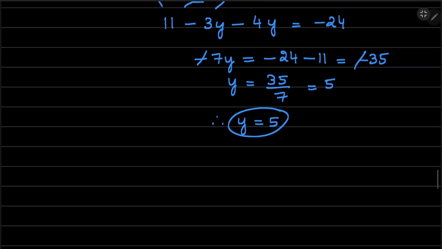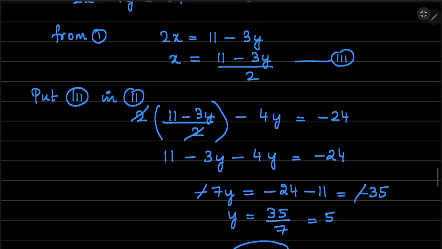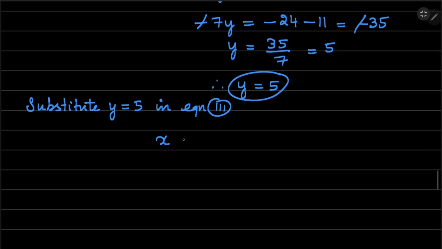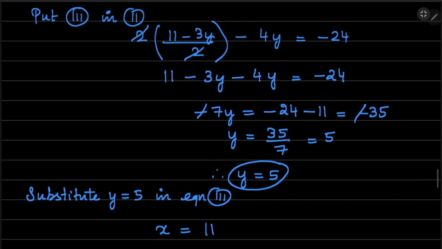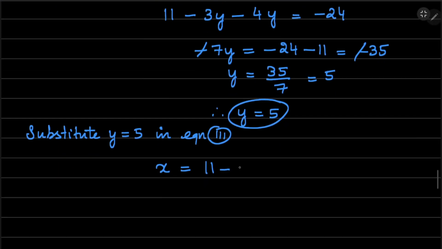Now you have to substitute y equal to 5 in equation 3. So what is your equation 3? x is equal to (11 minus 3y) whole divided by 2, and in place of y, I'll write 5.